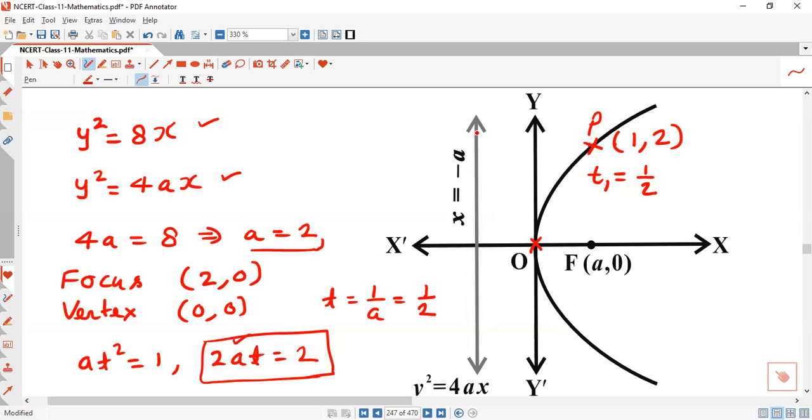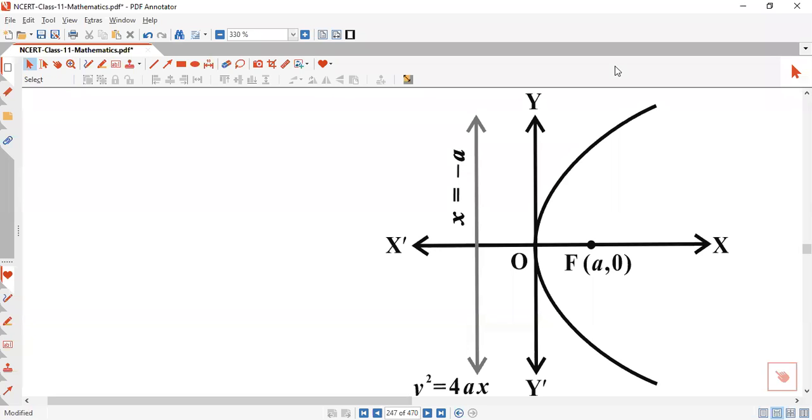So a point can be represented using the parameter. Now I will draw the chord. What is the meaning of a chord of a parabola?